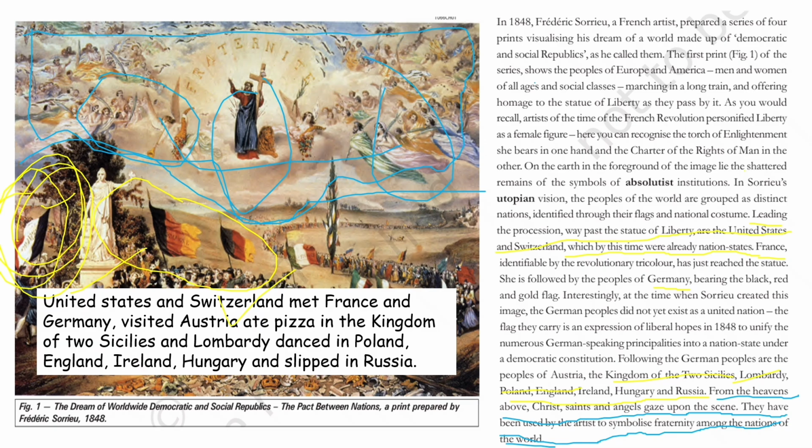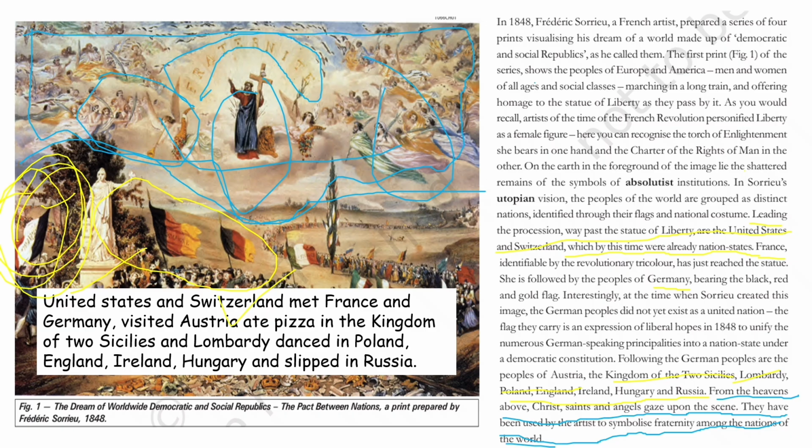You can see here in the image the word has been written, which is called fraternity. Fraternity is nothing but brotherhood or friendship that should exist between people. And the gods are used as a symbol to promote fraternity, to promote nationhood among the people that are going to be formed into countries or nations in the upcoming years.